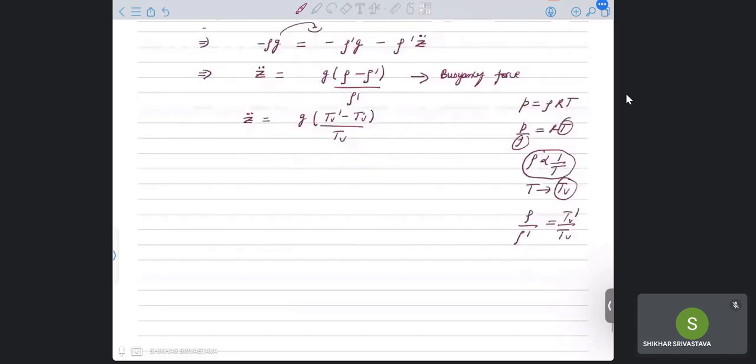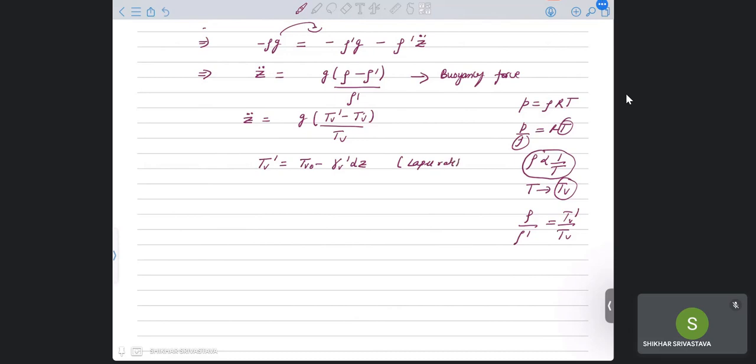Now we know from the lapse rate that TV bar is equal to TV at the surface minus gamma V dz. This is the lapse rate.